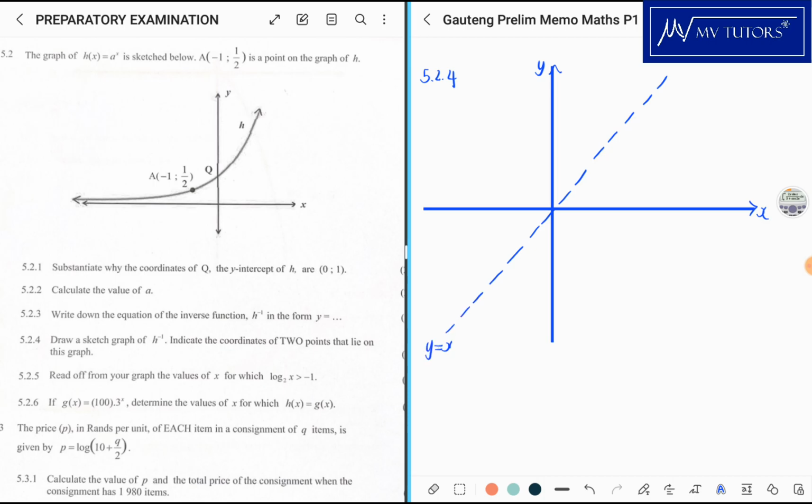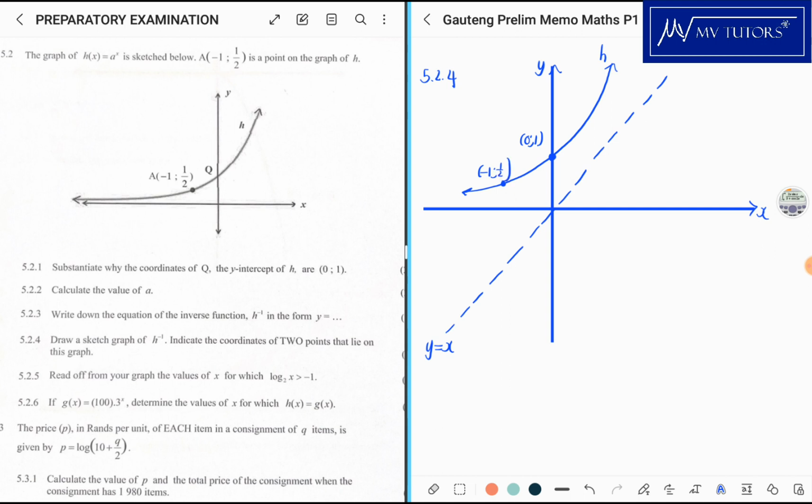So the original function, something like this, which is h, and we have that point there where x is 0 and y is 1, and we have A, which is -1, as well as a half.